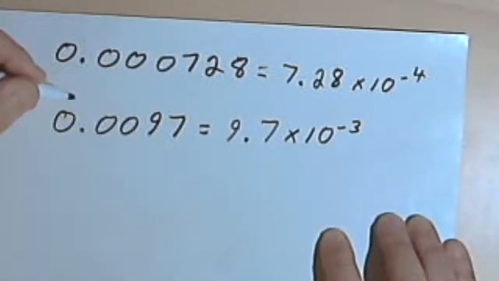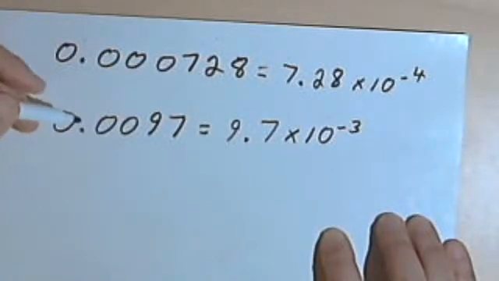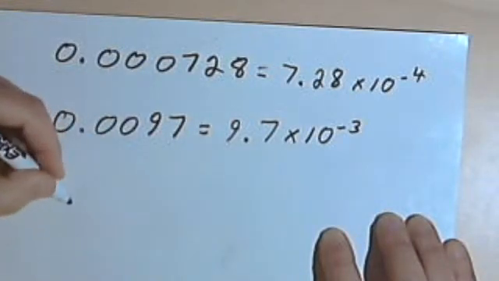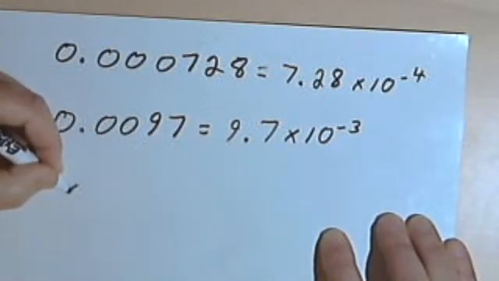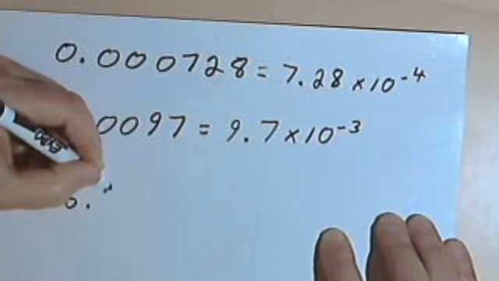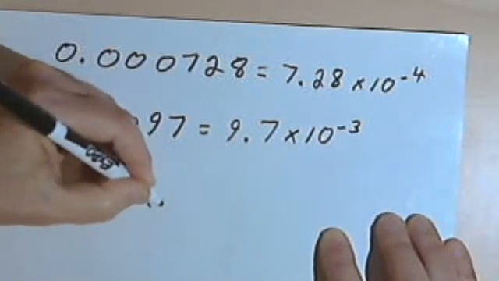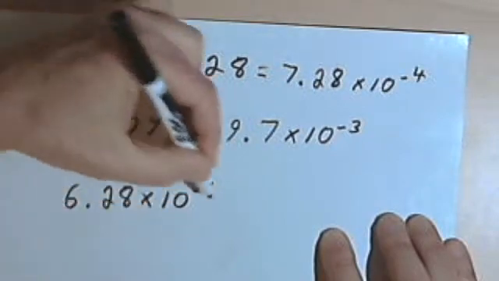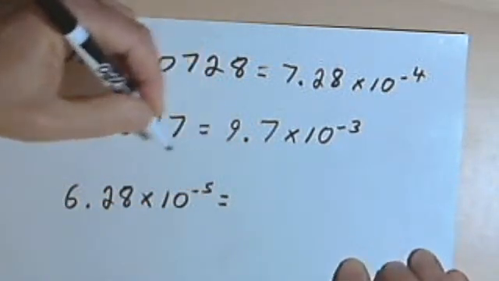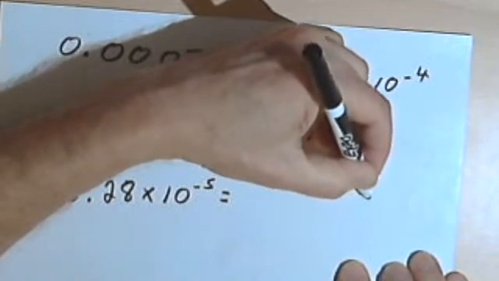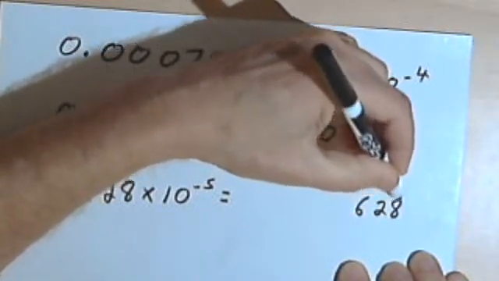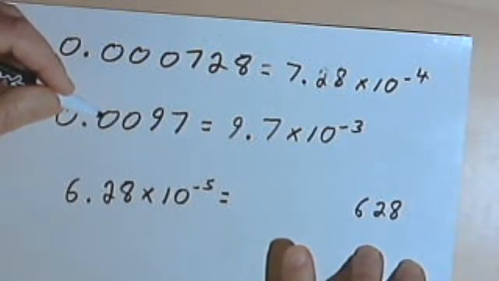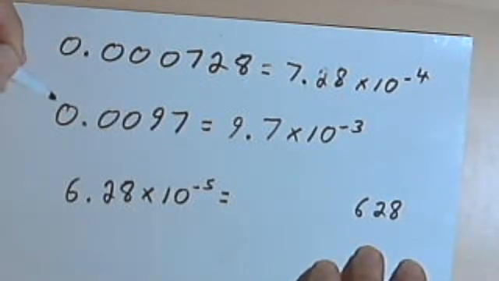And as with big numbers, I can reverse this process to go from scientific notation to standard notation. So if I've got a number like 6.28 times 10 to the negative fifth, I'll take that 628, it had been 6.28, and I want to add a bunch of zeros before it, and then before those zeros a decimal point.